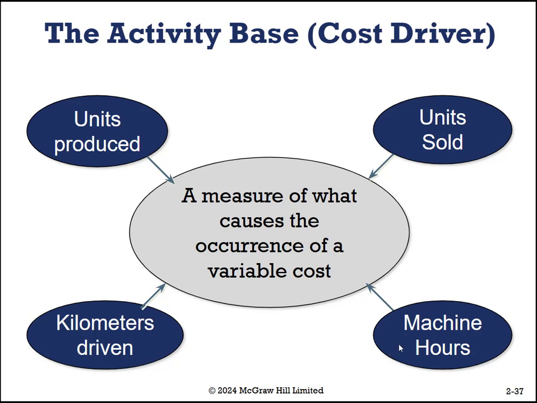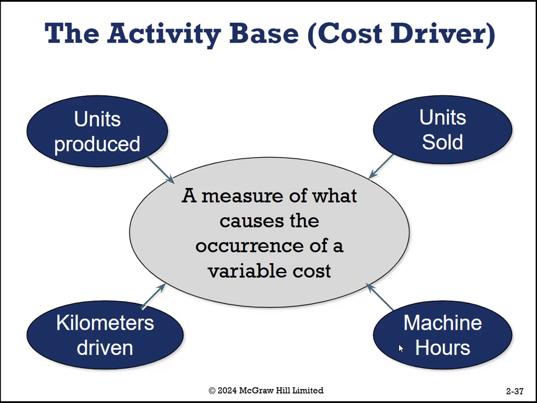It could be machine hours, so it could quite literally be how long you are using a laundry machine at the laundromat. It might be human labor hours. If you need more hours for people to work, that's going to be the cost driver, the labor hours. So it could be a whole number of things.